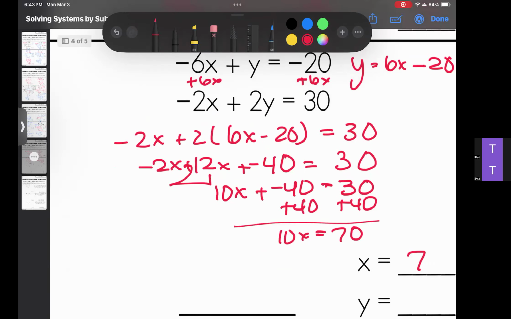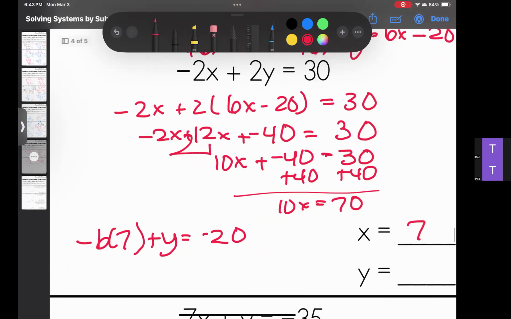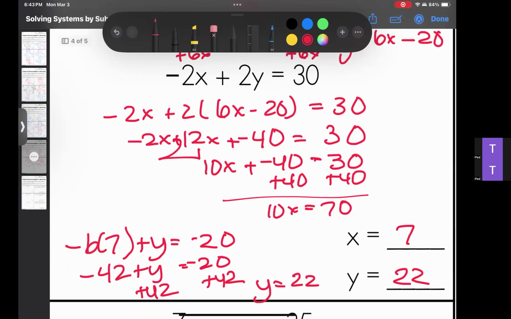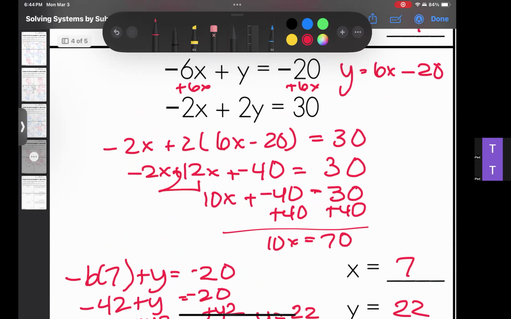And then we're going to put it back in here. -6 times 7 plus y equals -20. This is going to be -42 plus y is equal to -20, right? Yes, okay. Signs are important. 42 plus 42, y is equal to 22. And then let's check it.